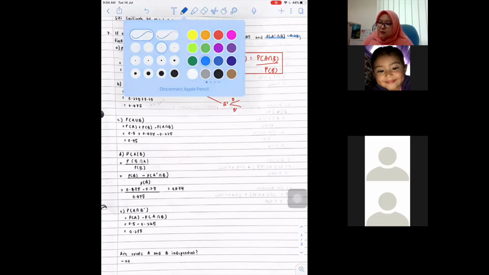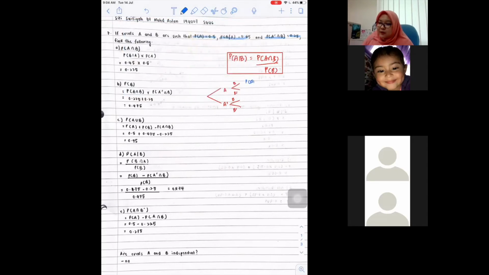So this branch here is probability of B given A. Second branch is B complement given A. B given A complement. This is P of B complement given A complement. Okay, this is the way to write a tree diagram.